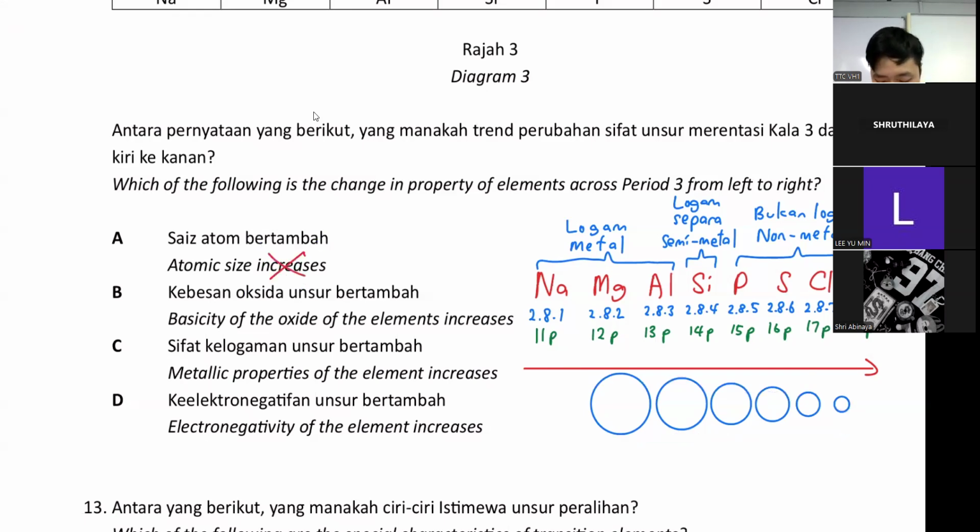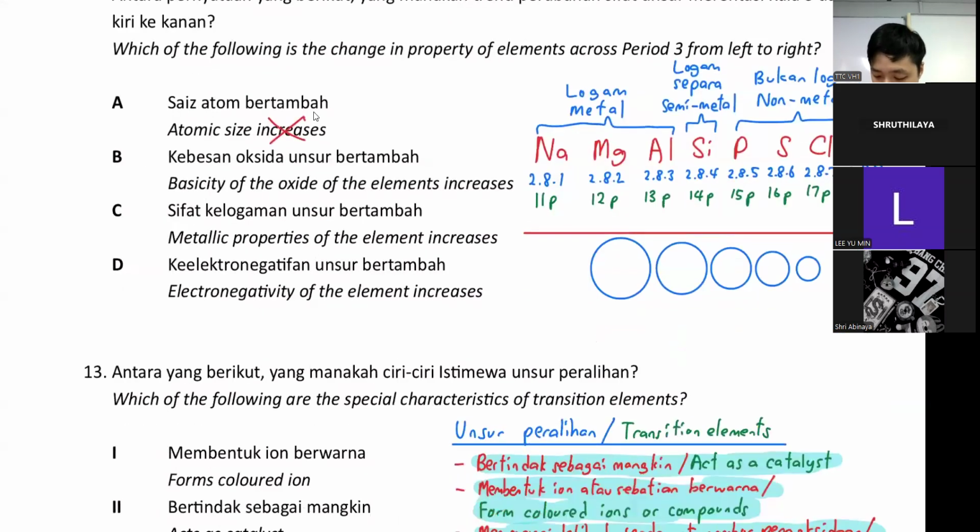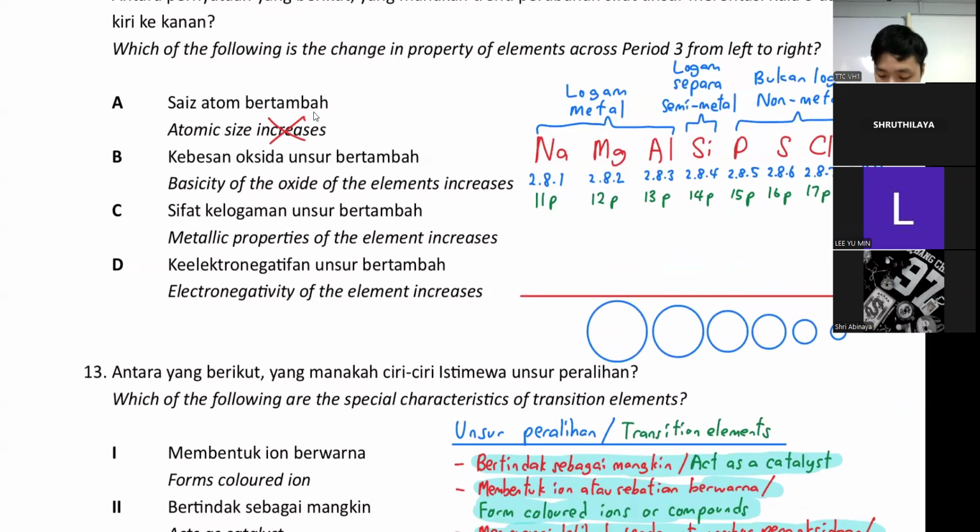B, basicity of the oxide increases. Wrong. Okay, because the first two are basic. I can tell you where. Which pen do I use? Okay, in this case, these two are basic oxide.